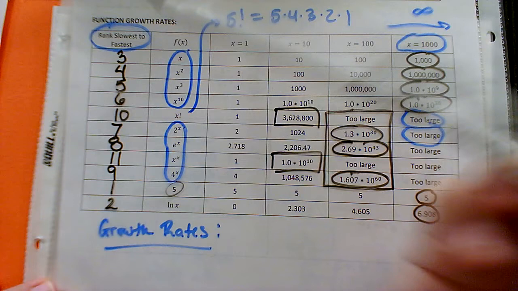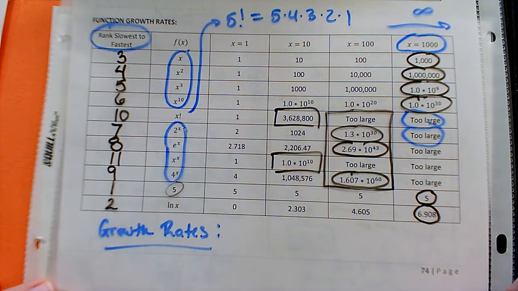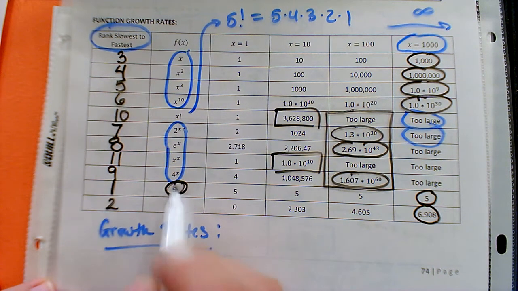Okay. So what we're going to do is take these values we have here and generalize what the growth rates are in terms of functions or the names of functions. So we said the slowest function we had here was 5. Do you know what type of function just a number is called? Constant. I heard it. Constant.